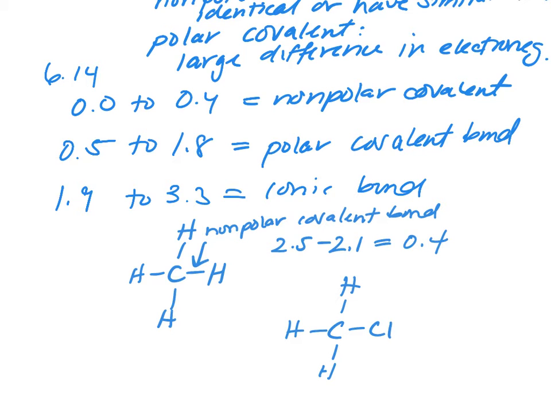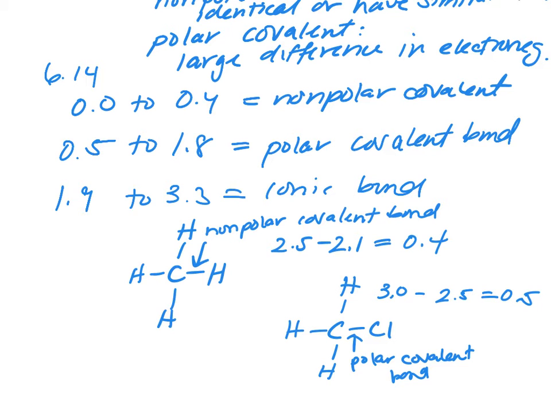If I ask you what type of bond this is, nonpolar covalent, polar covalent, or ionic, you'll look up the electronegativity of carbon, which we know is 2.5, and then chlorine, which is 3.0, and 3.0 minus 2.5 equals 0.5. So this is a polar covalent bond.